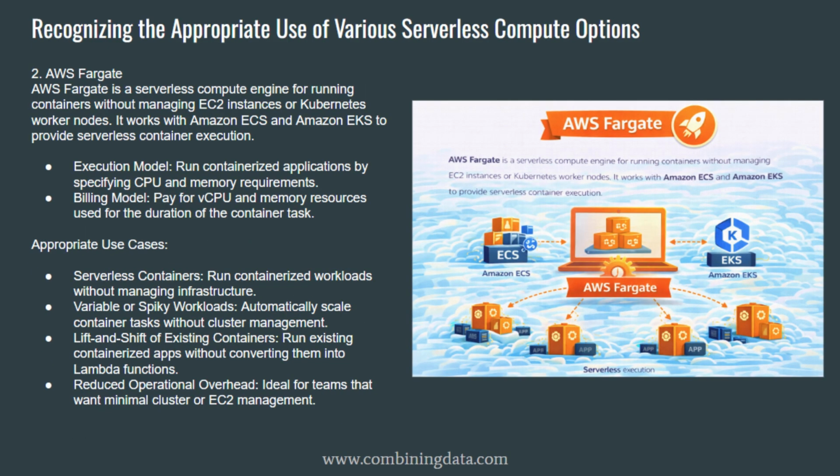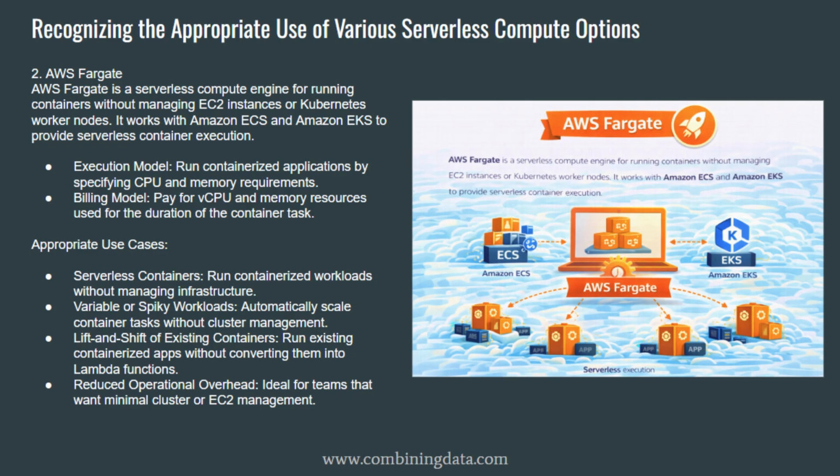2. AWS Fargate, serverless containers. Now let's talk about AWS Fargate. AWS Fargate is also serverless, but instead of running functions, it runs containers. With Fargate, you don't manage EC2 instances, clusters, or scaling groups. You simply define how much CPU and memory your container needs, and AWS runs it for you.